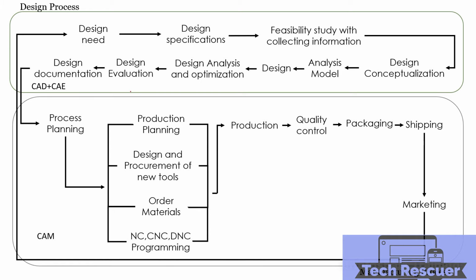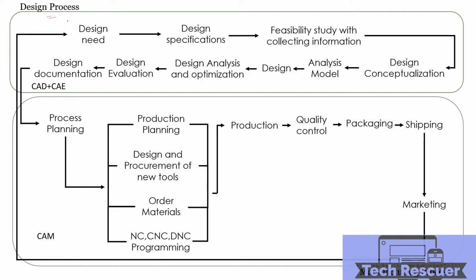So what are all the steps or different stages involved from designing a product to the end manufacturing of the product and sending it out? All these steps come under the industrial product cycle. This cycle consists of two main phases.